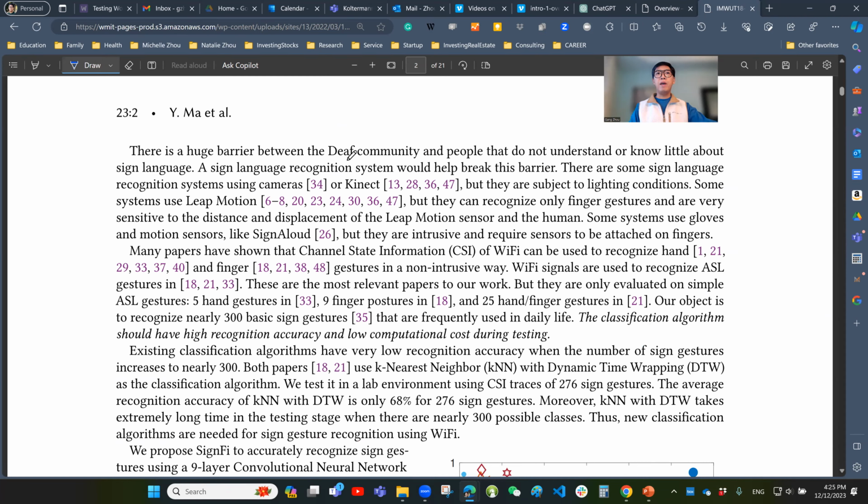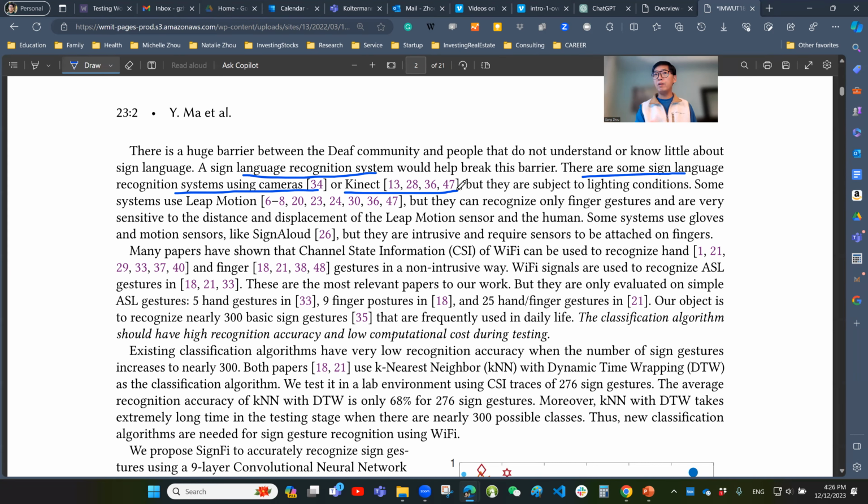There is a huge barrier between the deaf community and the people that don't understand or know little about sign language. Sign language recognition is the problem this paper works on. A sign language recognition system would help break the barrier. There are some sign language recognition systems using cameras. See, I'm trying to describe related work in the introduction section, such as camera-based systems, with references such as Kinect.